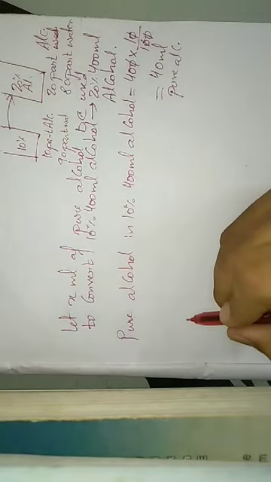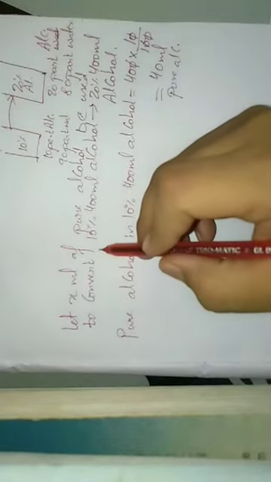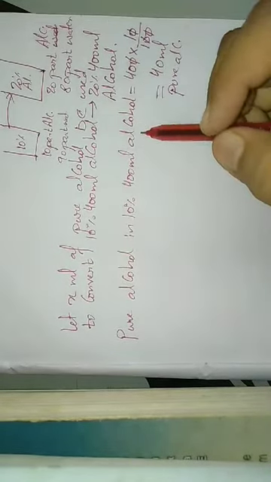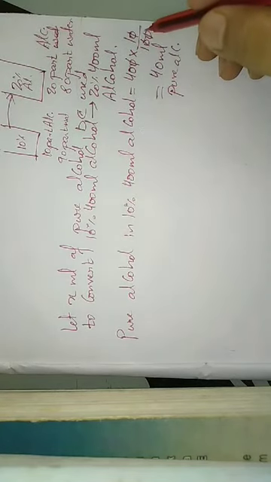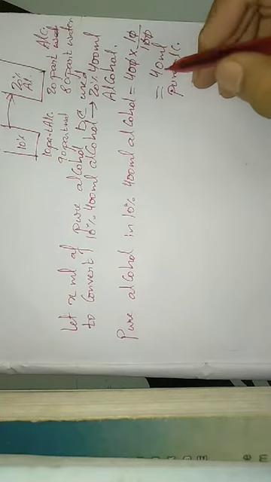So 40 ml pure alcohol is there in 10%. Okay, and we said that let x ml of pure alcohol be used to convert 10% 400 ml alcohol to 20% 400 ml alcohol. Whatever pure alcohol you put in will add up to this 40, right?